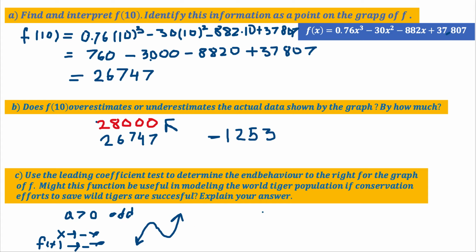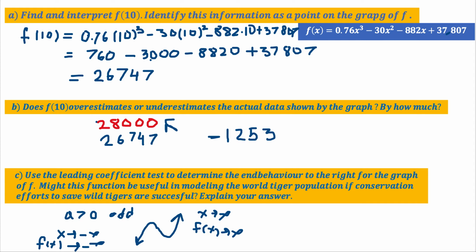And the same thing now: as x goes to positive infinity on the right side, which is what they are asking, the end behavior of f of x is going to positive infinity. So to the right side of the graph, it goes to positive infinity. And it asks, might this function be useful in modeling the wild tiger population if conservation efforts to save wild tigers are successful?